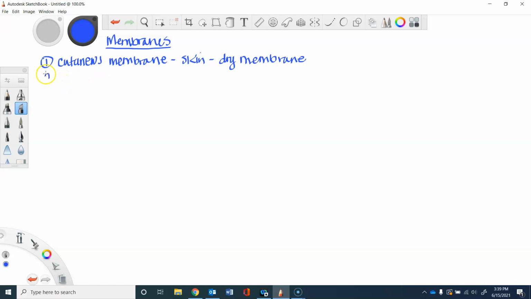The next type of membrane is, or are, the serous membranes. So we talked about these already. These are closed membranes, meaning that they are not exposed to the environment.